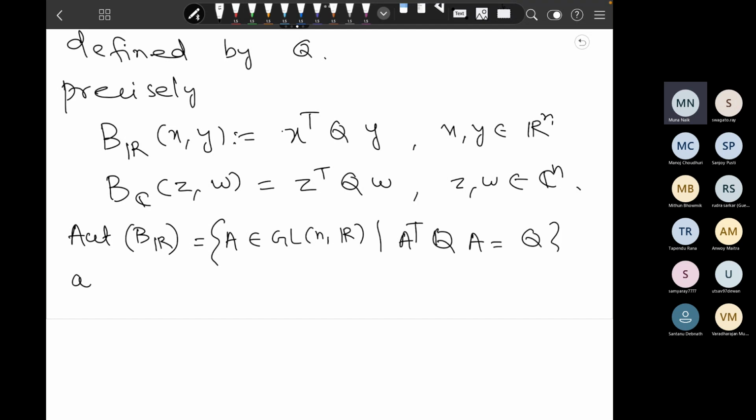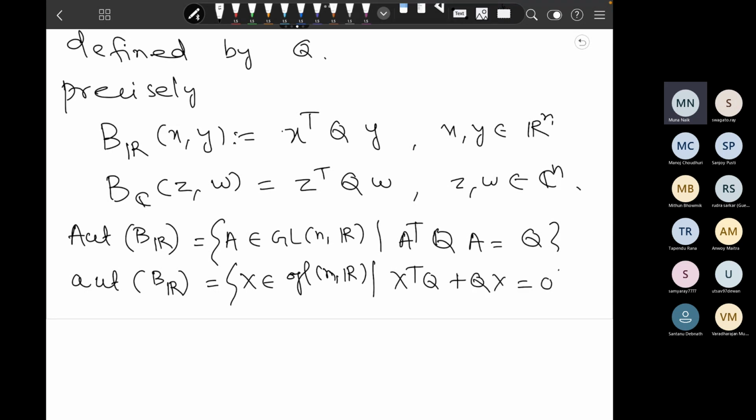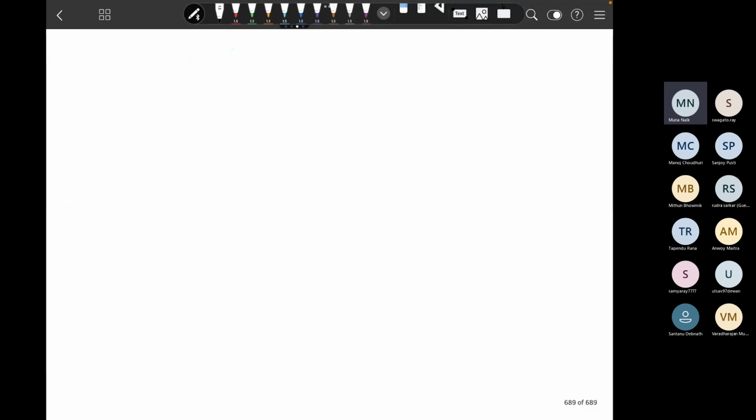Now we have seen that this is a Lie group. You look at the Lie algebra. This is small o(BR), the set of X belonging to small glNR such that X transpose Q plus QX is equal to 0. Now you look at this Aut(BC).